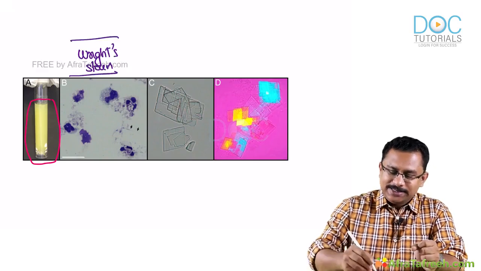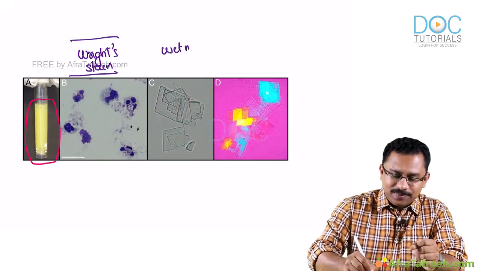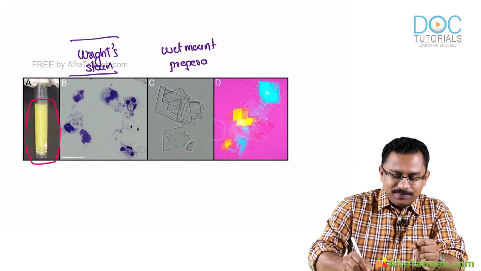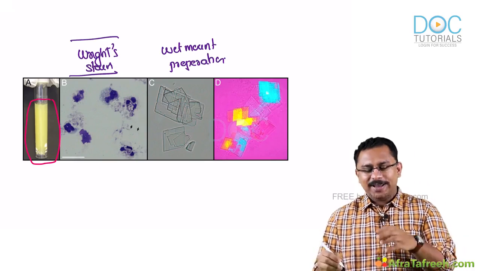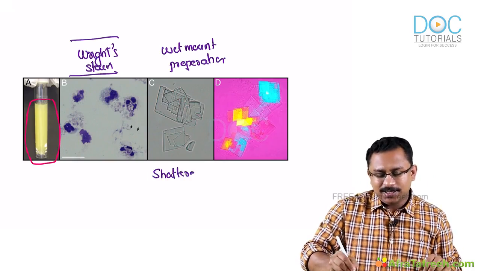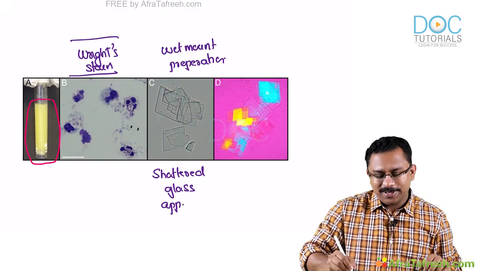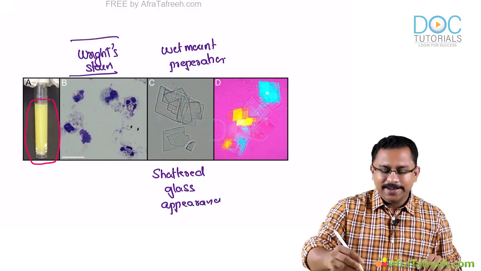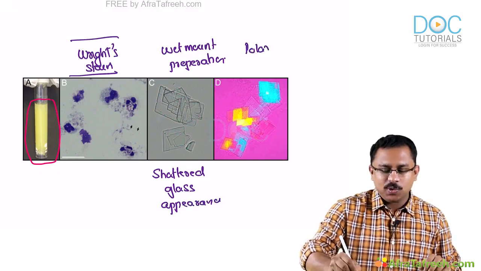and you can next see a wet mount preparation, and what you see here in the wet mount preparation is an appearance that is known as a shattered glass appearance, and the final one is the polarizing microscopy appearance.